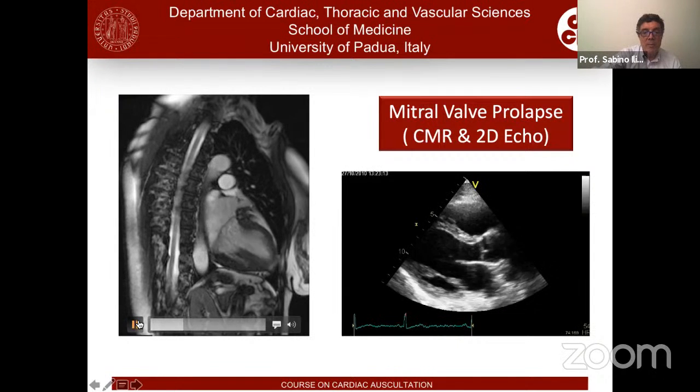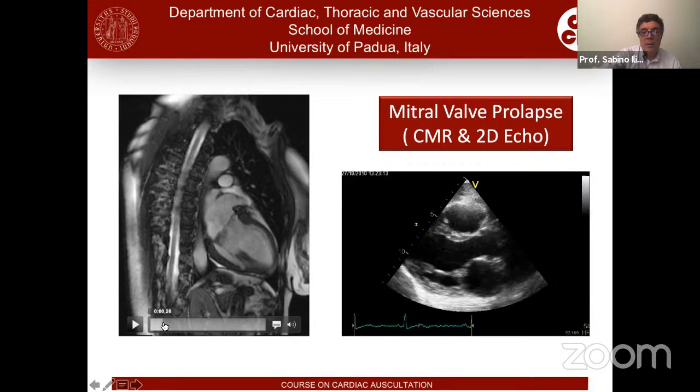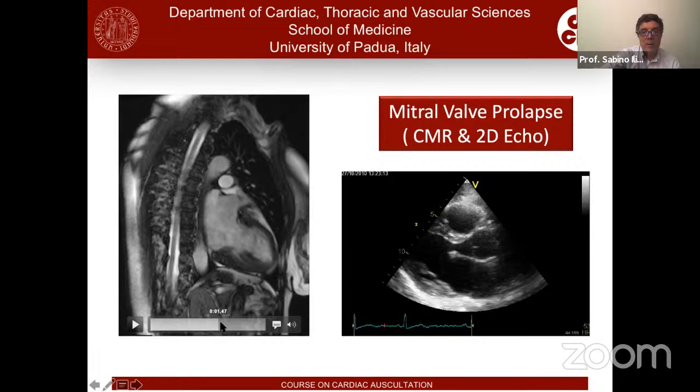If we go slowly, you will see, let's ignore echo, and let's go to the magnetic resonance. Here it is. So we have the anterior wall of the left ventricle, the apex, the inferior wall of the left ventricle, left atrium, and papillary muscle, anterior leaflet, posterior leaflet. If we go step by step, you will see that the first thing that happens is that the mitral valve closes.